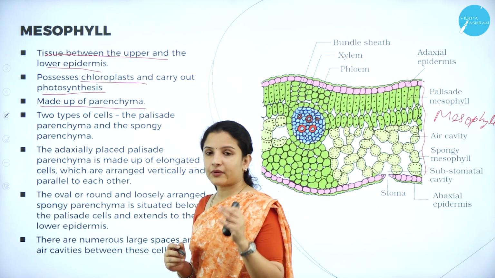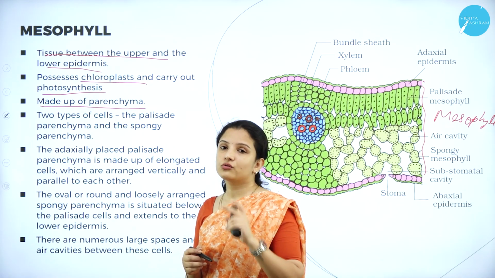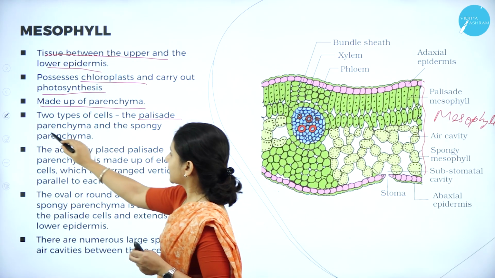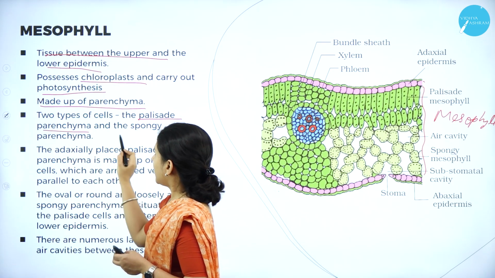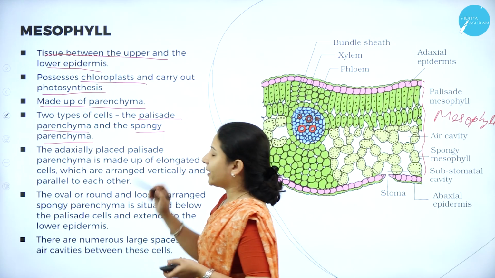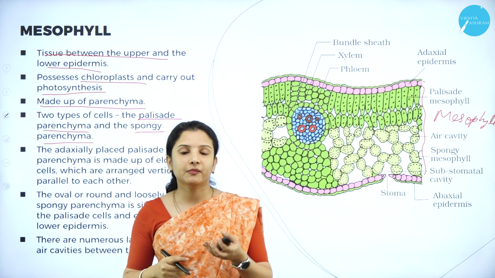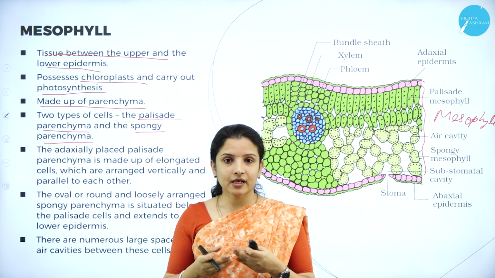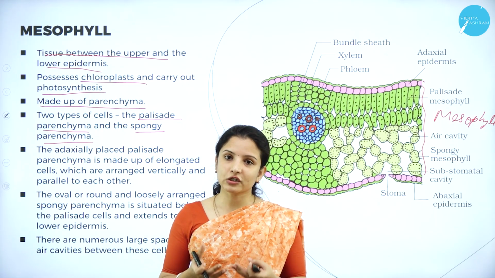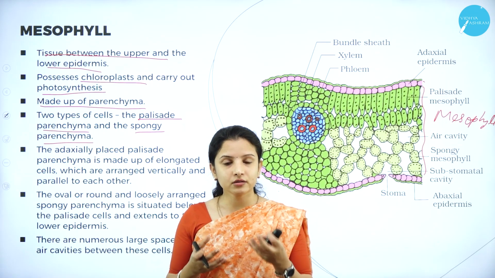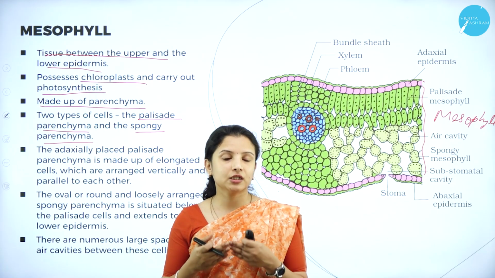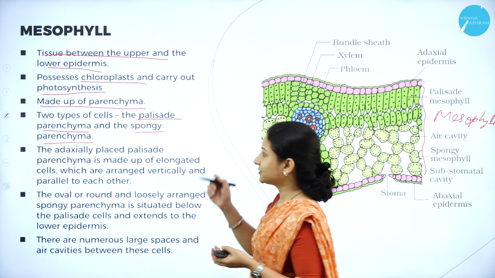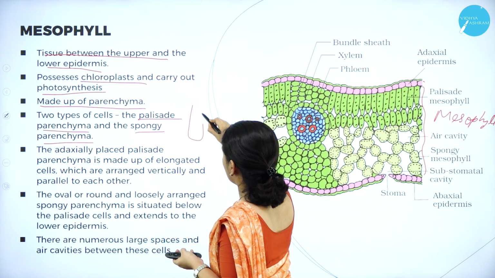And when we look at the parenchyma cells, again there are two types of parenchyma cells present here. One is called the palisade parenchyma, and the other one is called the spongy parenchyma. Palisade parenchyma: if you remember my previous sessions, I had told you parenchyma cells can be oval, circular, elongated, and sometimes irregularly shaped. Similarly here, palisade parenchymas are the cells which are elongated.